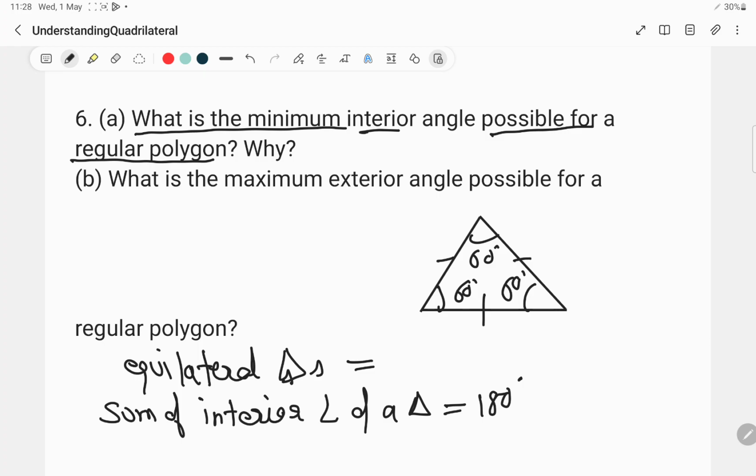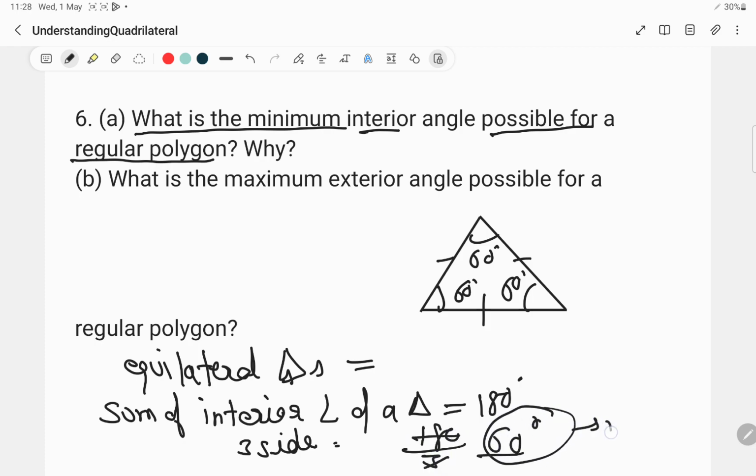So we will calculate, it has 3 sides. So 180 upon 3 is equal to 60 degrees. So this is the minimum angle that a polygon has.